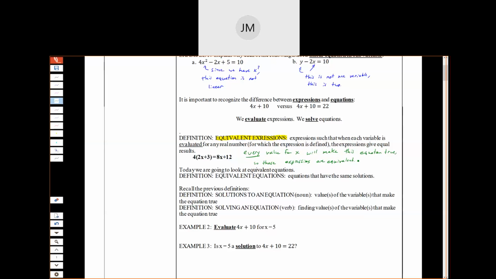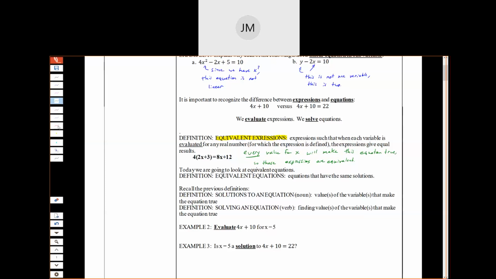Okay, so when we solve an equation, we're looking for what x values make them true, and usually it's going to be 1, or maybe 2 or 3. When it's all of them, then what we had to begin with was equivalent expressions. Okay, so let's look at equivalent equations now.